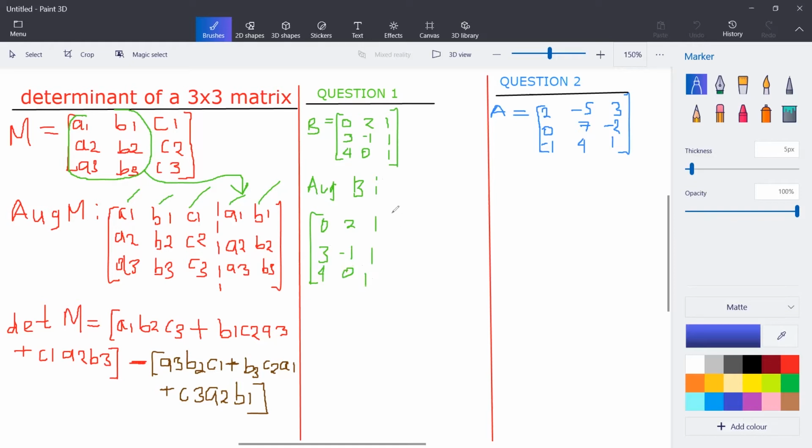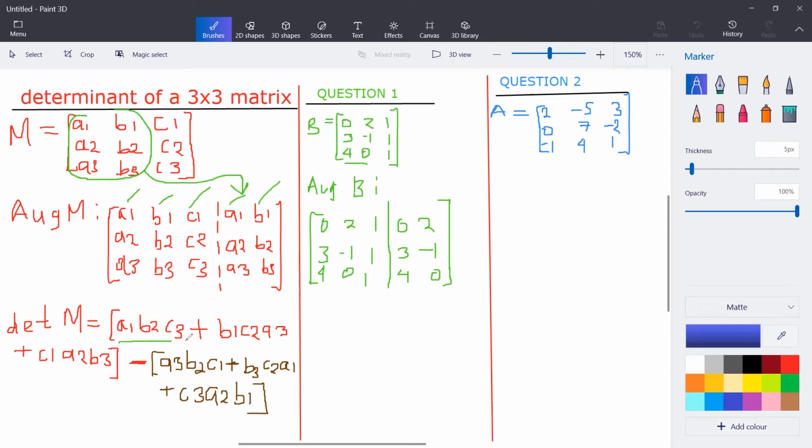Now, if I want to augment this, what will I do? Let me just draw a line to separate them. I'll take my first 2 columns and append them here. So I'll have 0, 2, then 3, negative 1, and lastly 4, 0. So I've just made my augmented matrix.